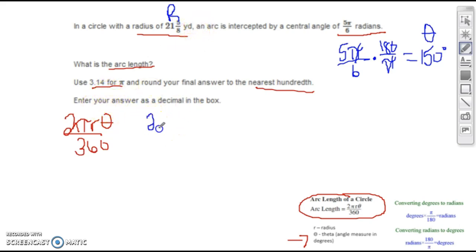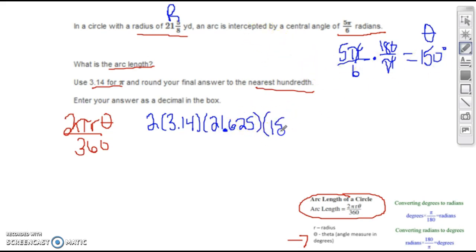This is what I'm going to plug in for my radius and pi. So let's plug it all in. For pi, I'm going to use 3.14. For the radius, I'm going to use 21 5/8. Let me go ahead and convert that. 5/8 is the same thing as 0.625. So just because I get a little freaked out by fractions, which I shouldn't, I'm going to change that to a decimal. So that's 21.625.